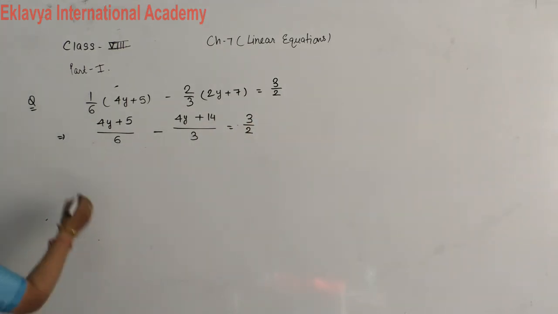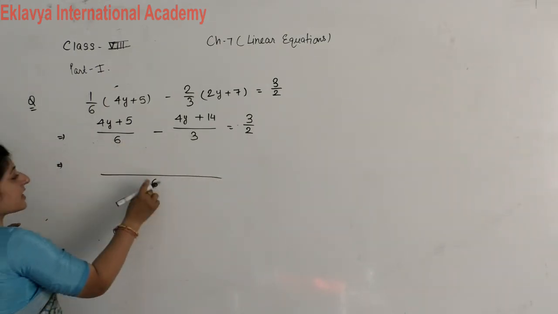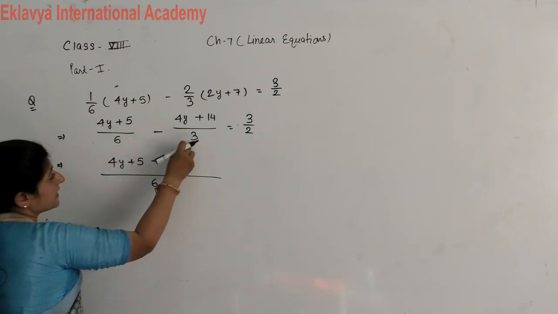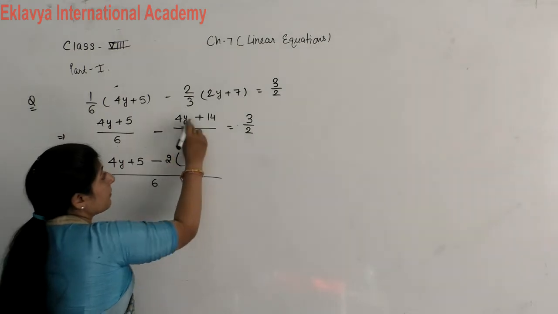Now we have to take the LCM. 6 and 3, LCM is 6. 6 ones are 6, it means these terms stay as they are. Now for the minus, 3 2s are 6, it means 2 multiplies both terms.